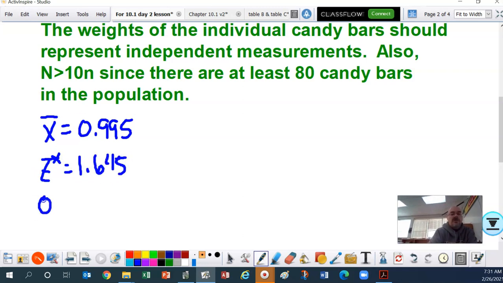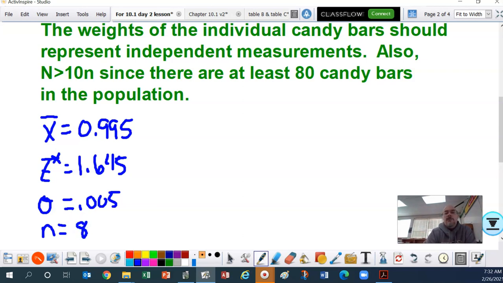We know that the standard deviation is 0.005. You don't have to show this on a test or on the AP test. You can go right to the formula if you want, but I always like writing things down on the side because it certainly doesn't hurt. And my sample size is 8. There were 8.